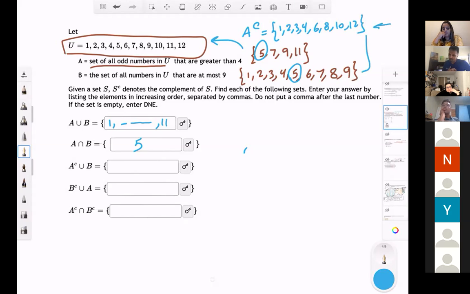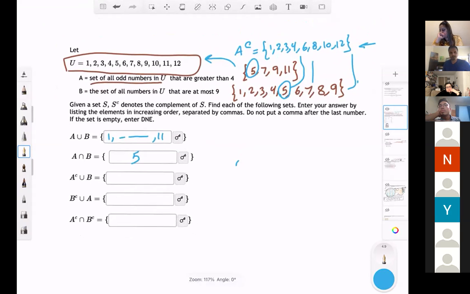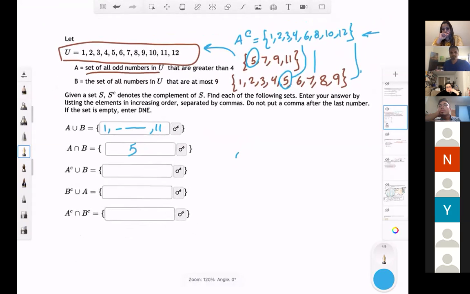What do we get? We get everything, because if I put 5 here, 7 there, 9 there. So we get everything, correct? Is that true? Do we get everything?